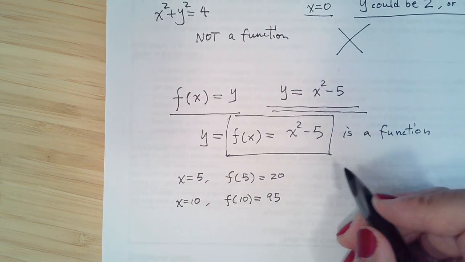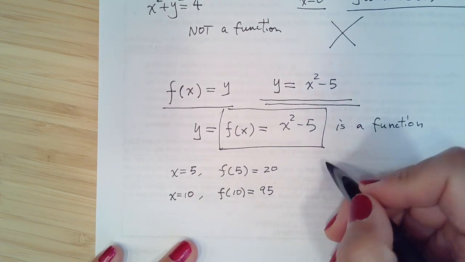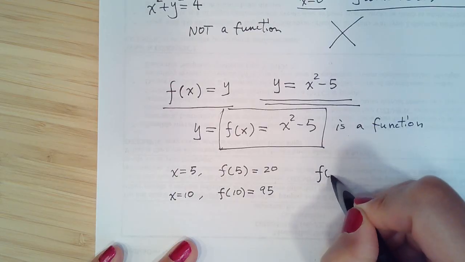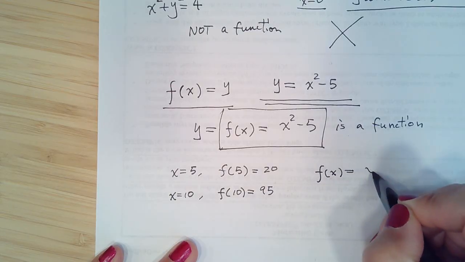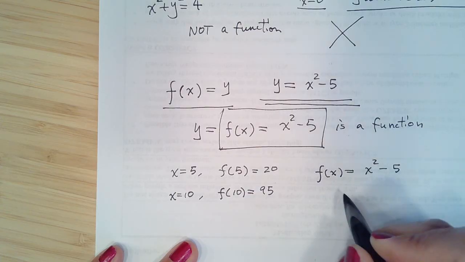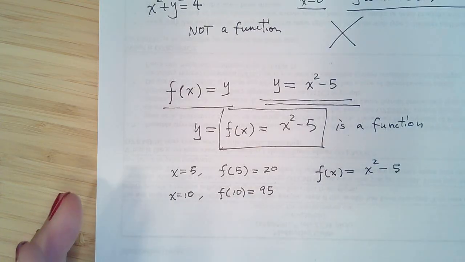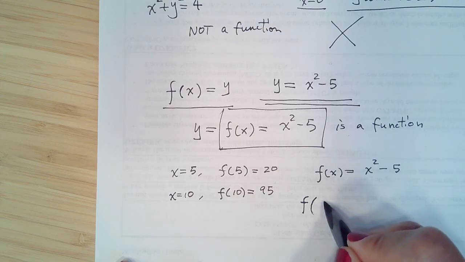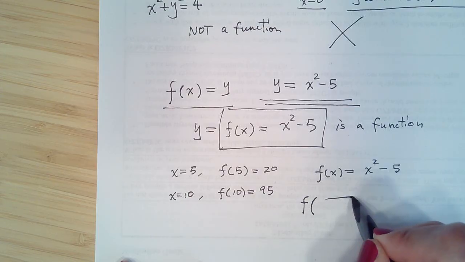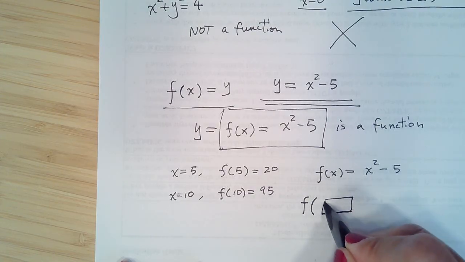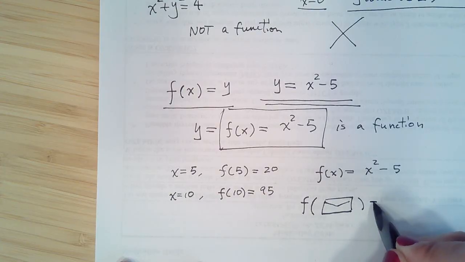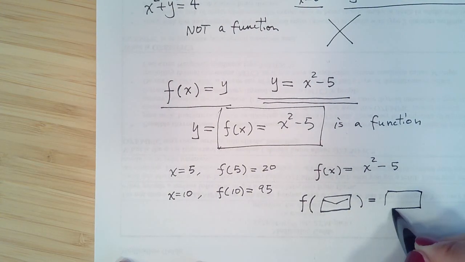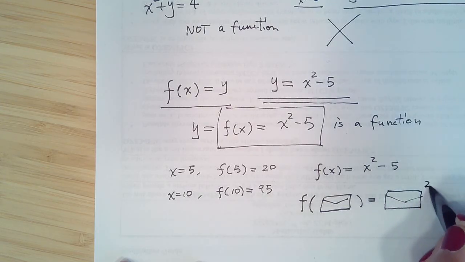So I can do it this way. So be very careful here. Look, I go f of x equals x squared minus 5. But this x can be anything, right? I can put this x in an envelope. Whatever is inside, what comes out is going to be this envelope get squared and then minus 5.